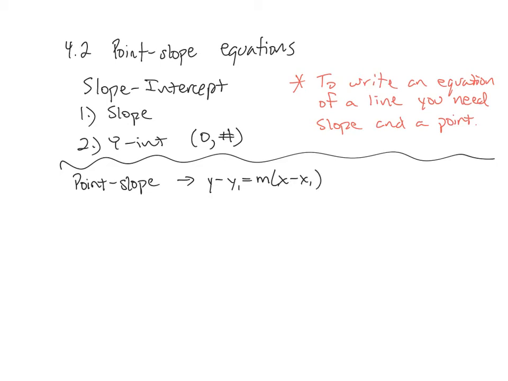Okay, so there's point slope form. M is the slope. Remember, I need slope and a point. The x1, y1 is the point that I have in the problem. So just like slope-intercept has y equals mx plus b, so let me write that up here, there's still a y, just a y, and just an x in the problem. Just the numbers get filled in with the m and the b.